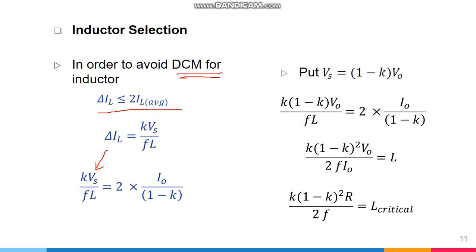So KVS over FL is equal to 2 times I naught over 1 minus K. I naught over 1 minus K is the average value of the inductor current.